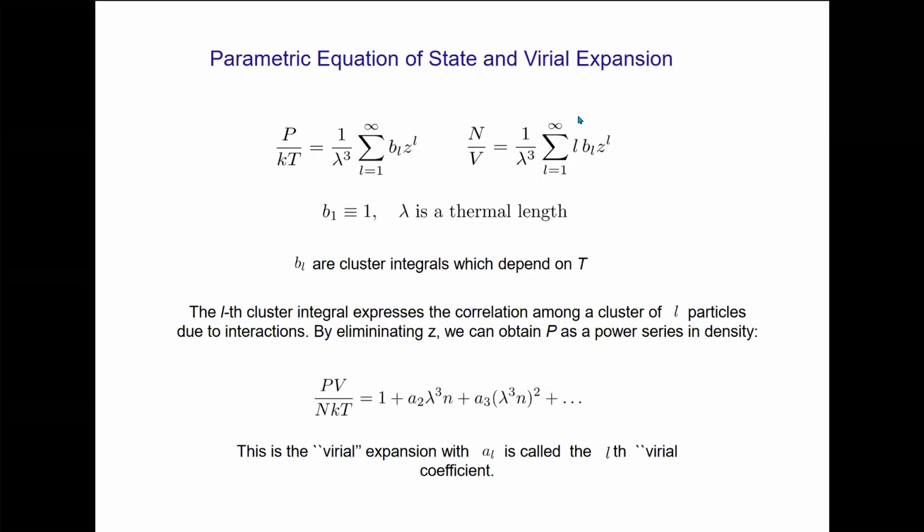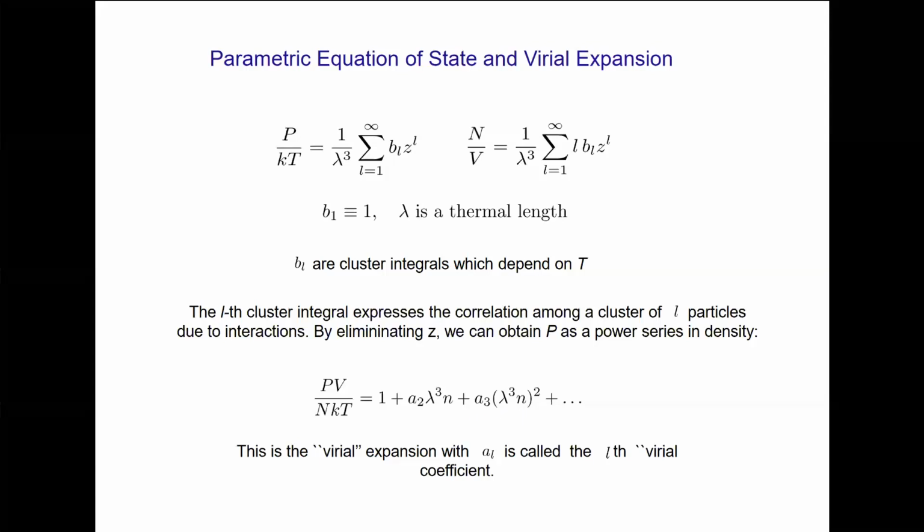So once we express z from this expression and substitute it into this expression, we get the expression for the PV over kT. And these coefficients can be measured numerically, and there are also some technical tools to calculate them, and they give you basically corrections to the ideal gas law when concentration of particles grows.